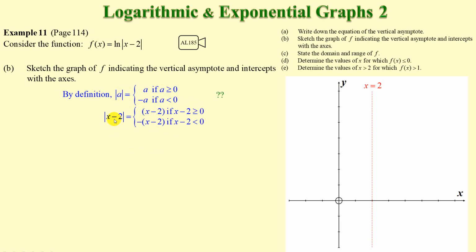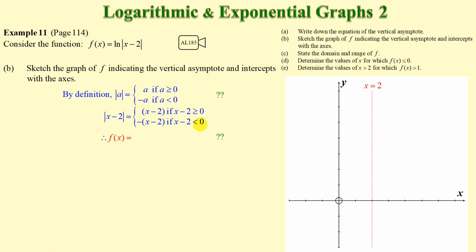So therefore, the absolute value of x minus 2 there, I'm only looking at what we're taking the log of, is equal to that by definition. Notice the same thing, the contents of the absolute value, if the contents are greater than or equal to 0, and the change of sign of the contents if the contents are less than 0.